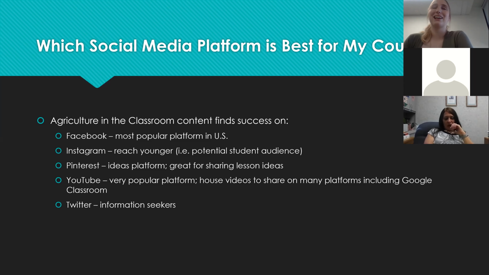But honestly, what we find with Twitter is that you're going to be preaching to the choir. You're going to get a lot of ag followers. You're not going to get a lot of non-ag followers. That's just how Twitter works, how we seek content. So again, it's something you could consider, but maybe not something that, if you are just getting started, should be the first page that you launch.